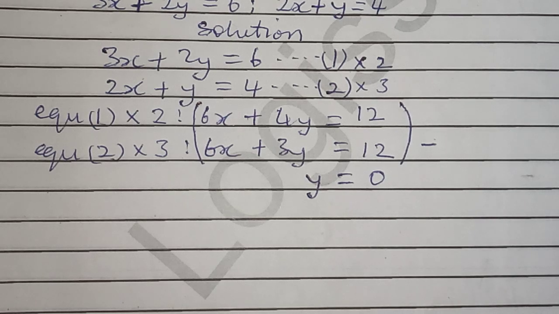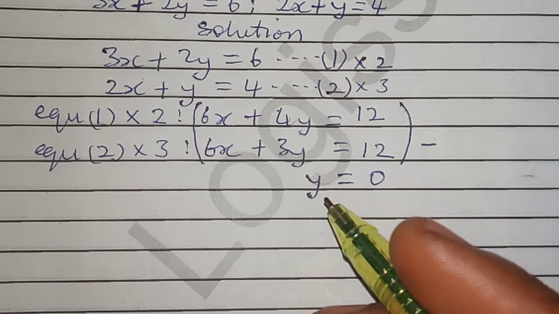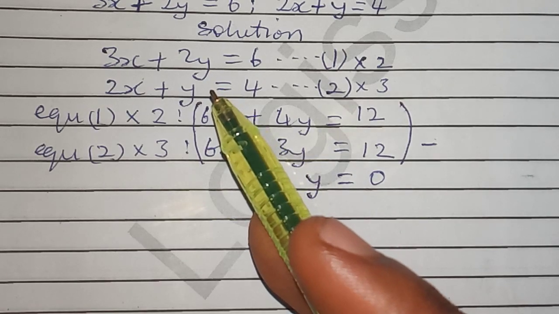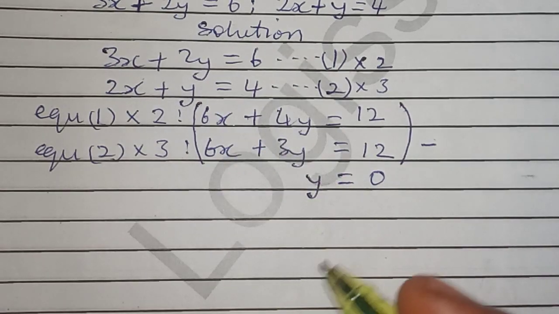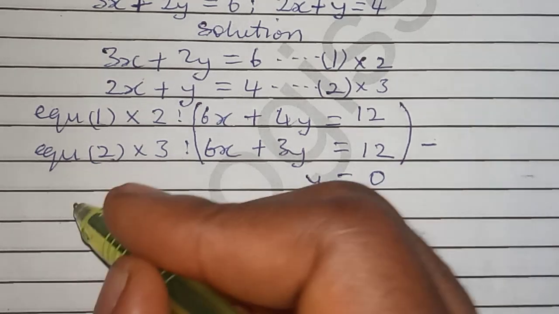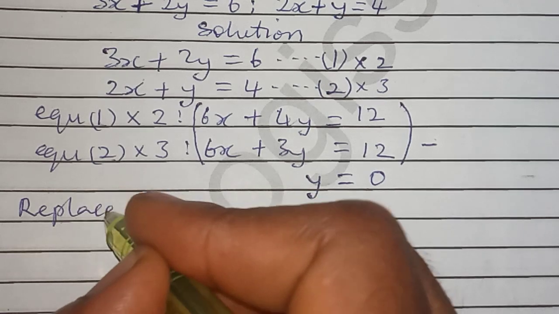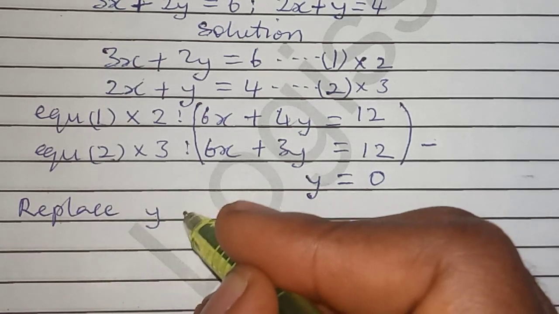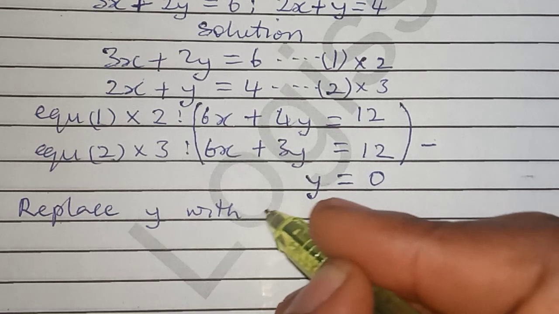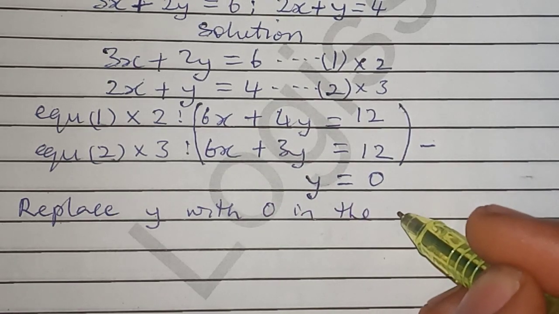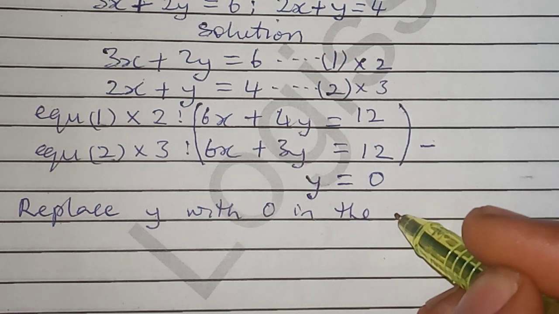So in doing that, we can replace y as 0 in the first equation or the second equation, any one. So let's choose the first equation. So we can say replace y with 0 in the first equation, in equation 1.